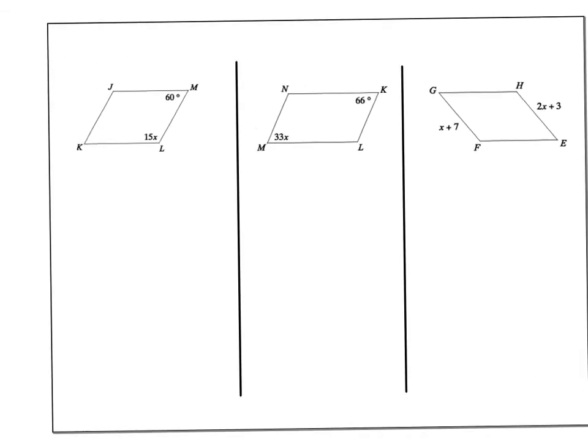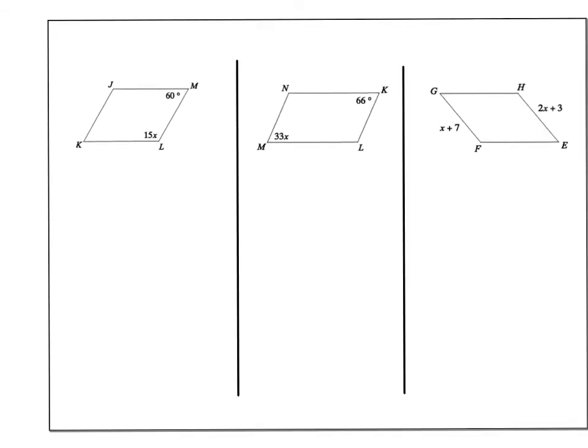So first you want to figure out what situation we have here. I see we're talking about angles. Now I want us to decide, are they opposite angles, diagonal from each other? Or are they right next to each other, one angle next to the other angle? That's what I have here.